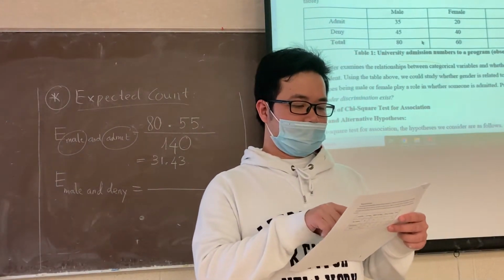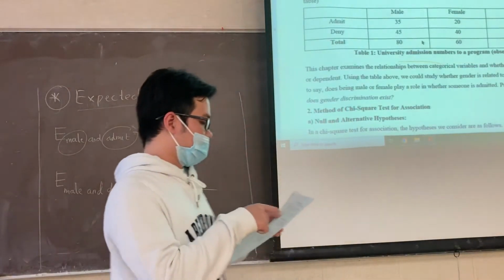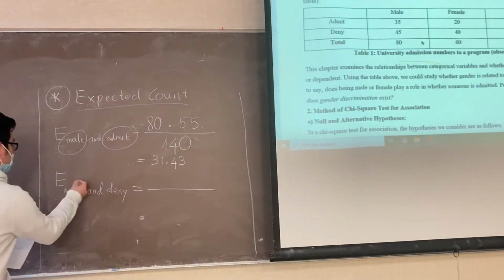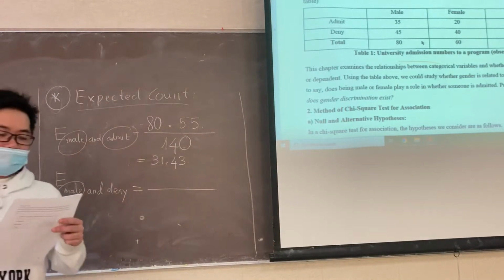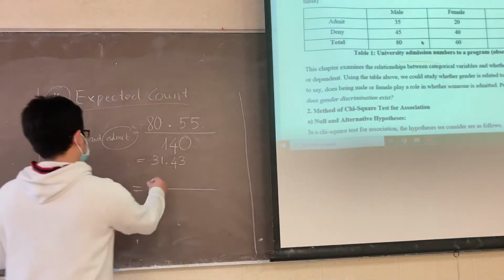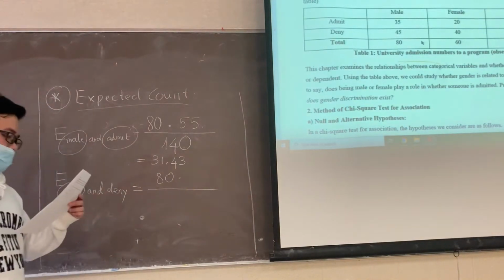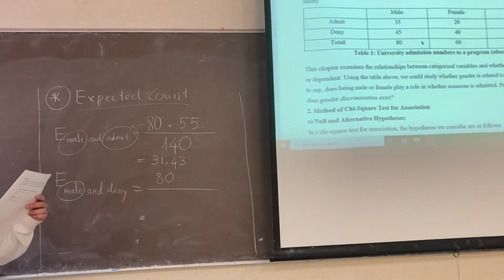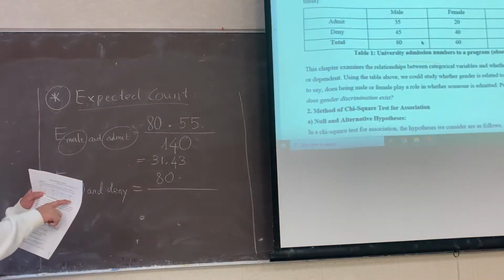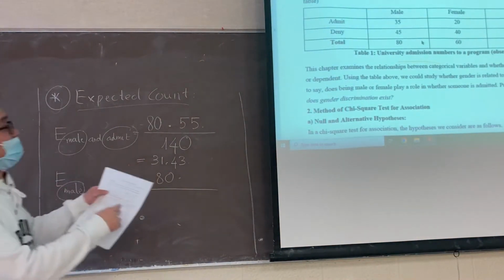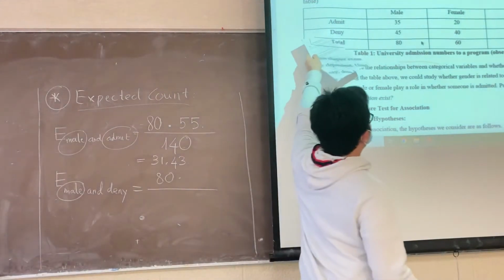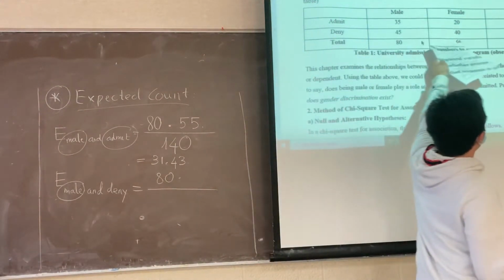You will take the male total, 80, exactly, times the total of denied here, which is 85, right? Look at this table, the total of denied here is 85.